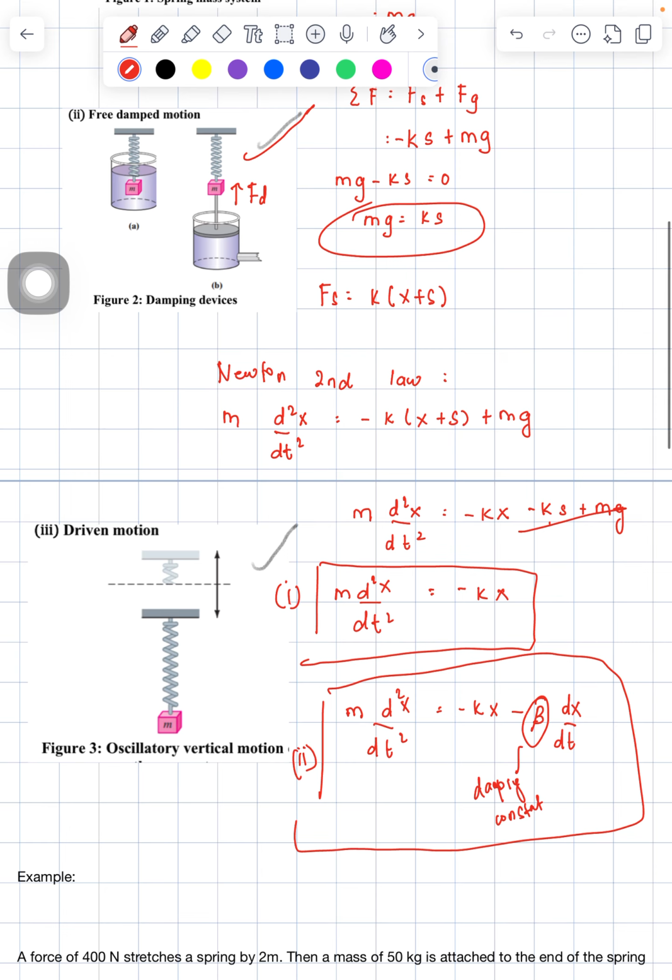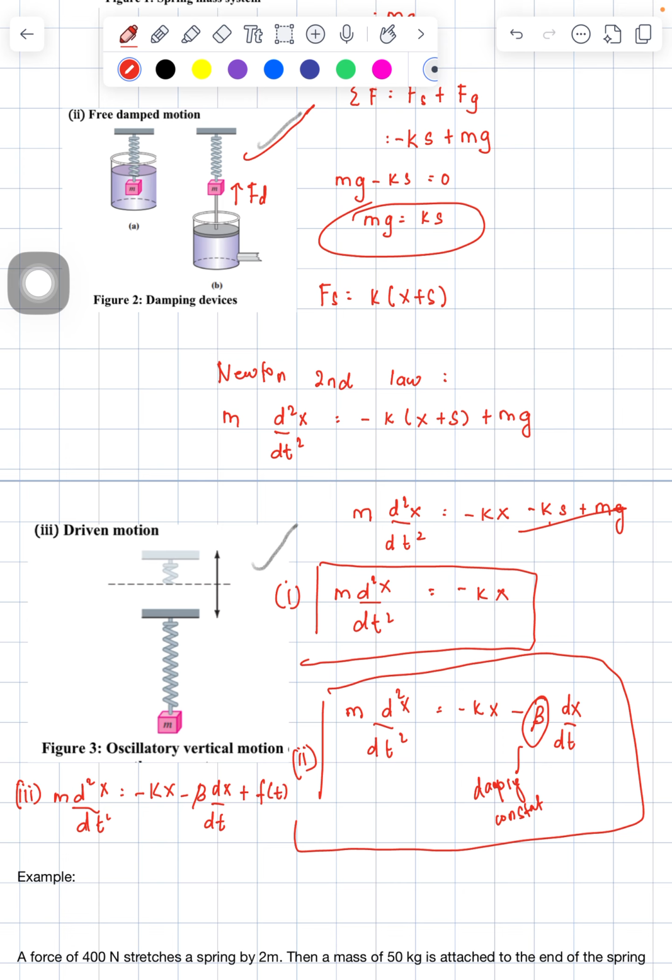Then the last one is driven motion, which means we have an external force. So we have to add an additional part: m d²x/dt² equals minus kx minus beta dx/dt plus the external force F(t).